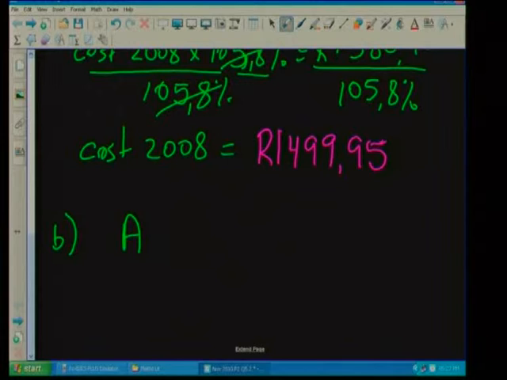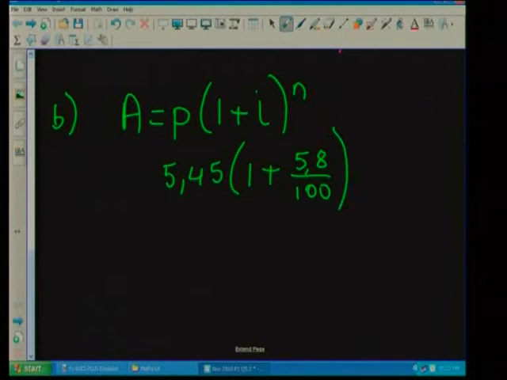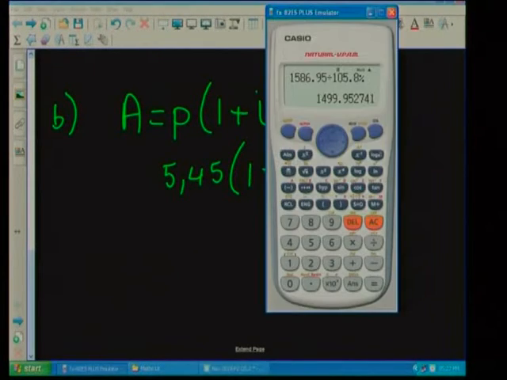So we have our formula, and again, always write out your formula. Our present price was R5.45. And then my formula was 1 plus my inflation rate, 5.8 divided by 100. Your calculator can do this perfectly, and the number of years was 6. So let's get our calculator out.